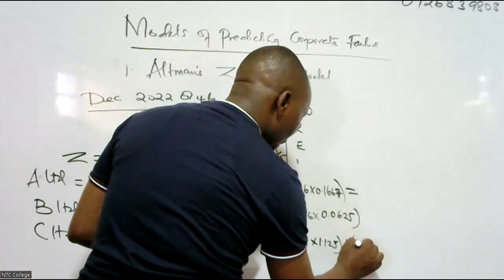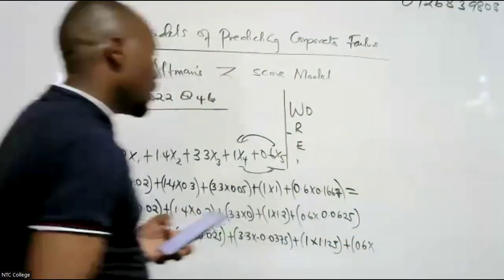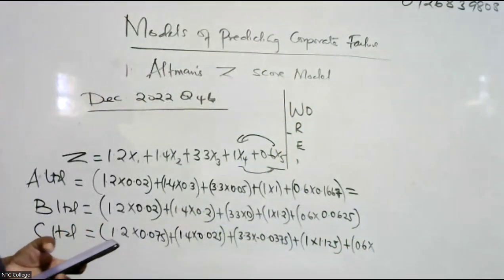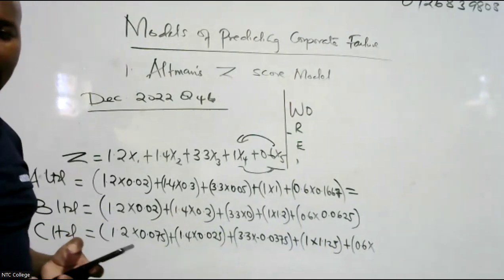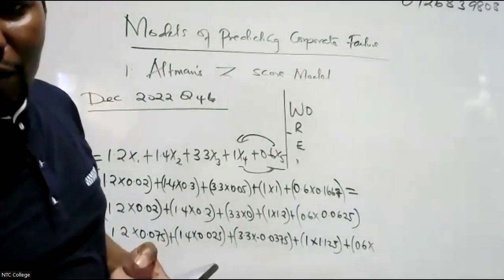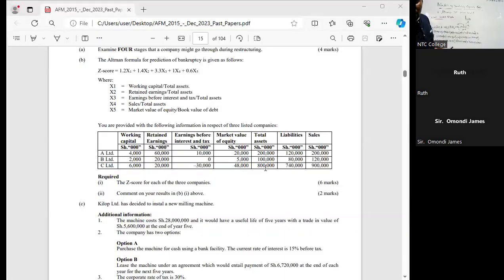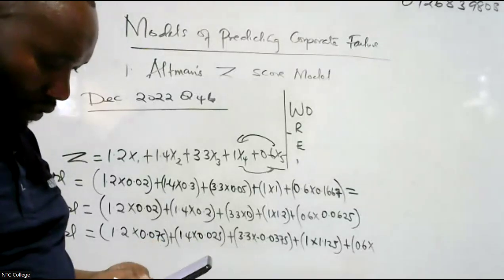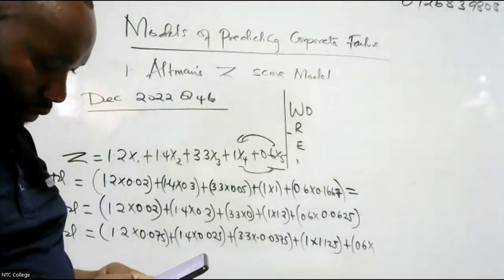plus 0.6 times the market value of ordinary shares divided by the value of debt. The last one. Market value of ordinary shares, that is 48 divided by value of debt 740. 48 divided by 740.